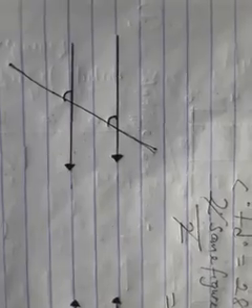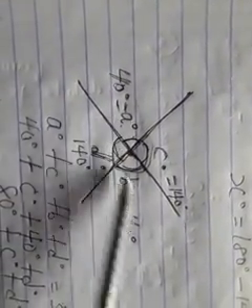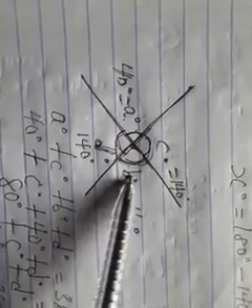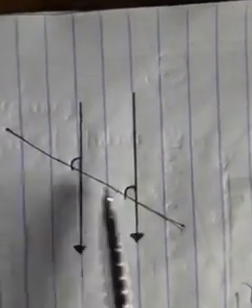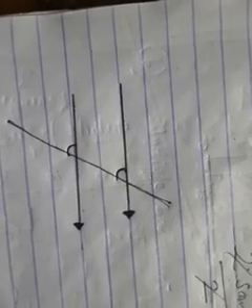Corresponding angles is different from what I call vertically opposite angle, which we saw in this particular diagram, where A is vertically opposite to B, and then where D is vertically opposite to C. This is vertically opposite. This one is called corresponding angles. So let us look at the third one, which is called alternate angles.